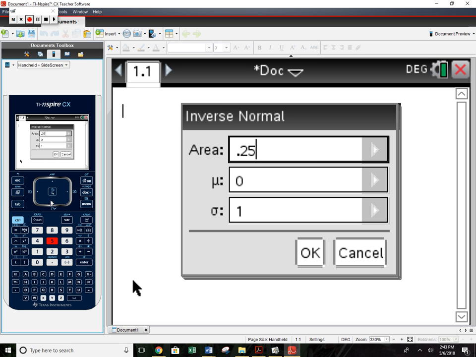The mean, we are typing in 2.75. And the standard deviation was 0.433. Divide that by the square root of 43. Okay, and hit enter.